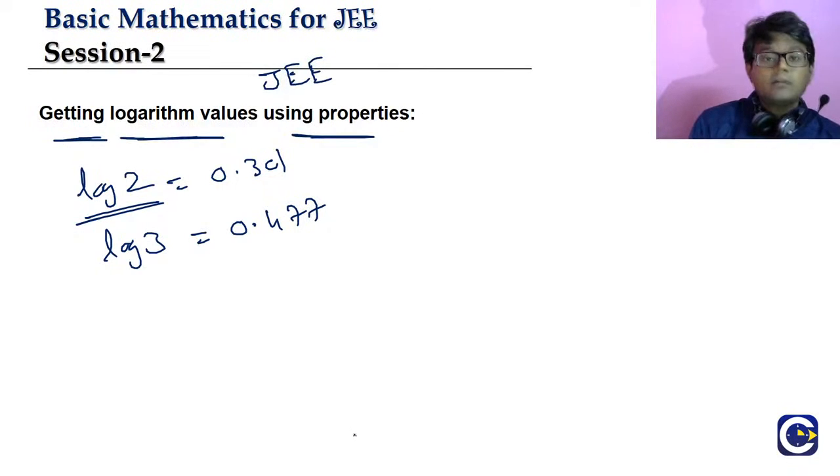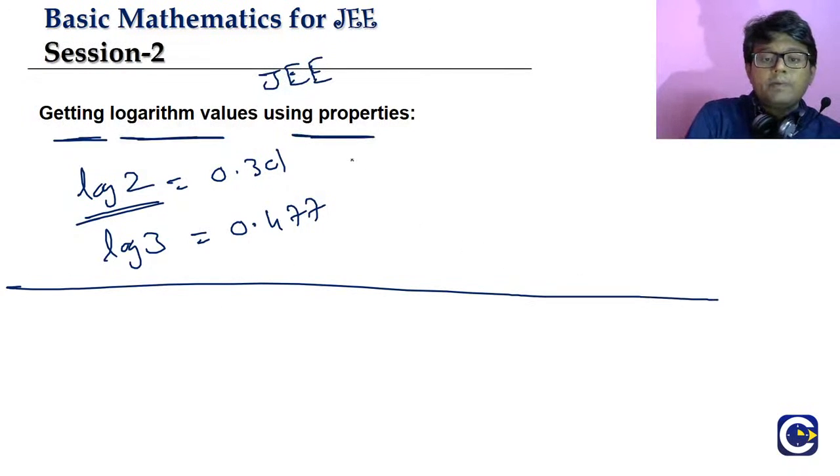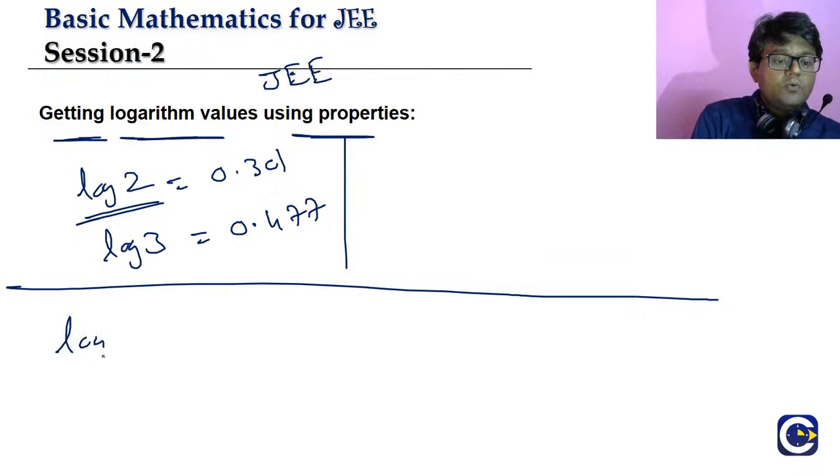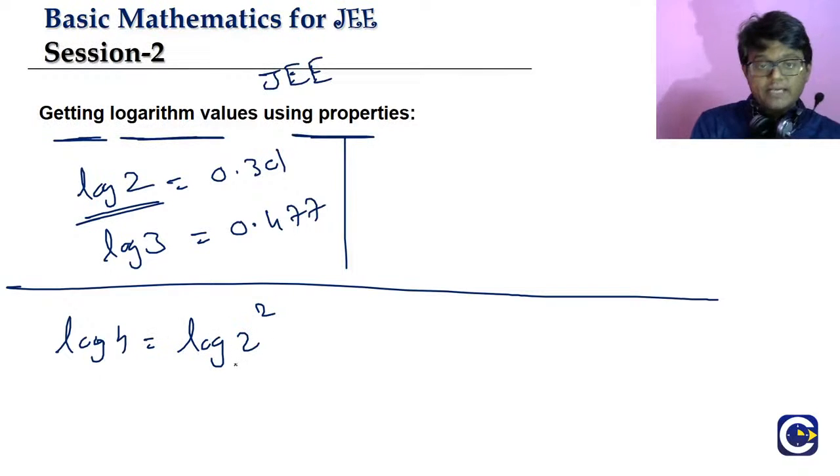Of course, we are talking about base 10 common logarithms. Now I'll show you how we can use the properties of the logarithm and get the remaining. So log 4 can be written as log of 2 square.